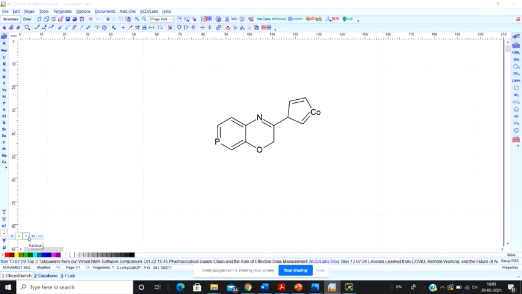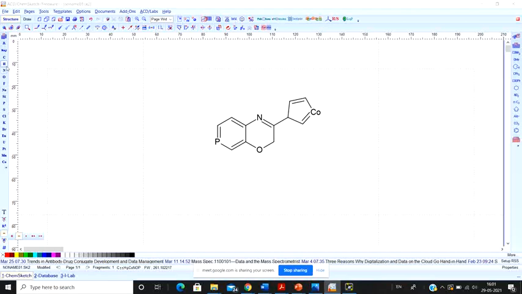And sometimes it is not only for molecule designing. Sometimes you also need to design a molecule for your project report and all. So this software is also for your publication purposes. You can draw molecules for publication and use this software for that. Understand? So this is the unique nature of this particular software.